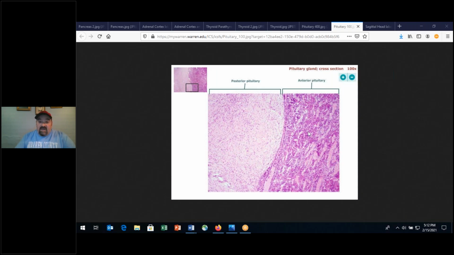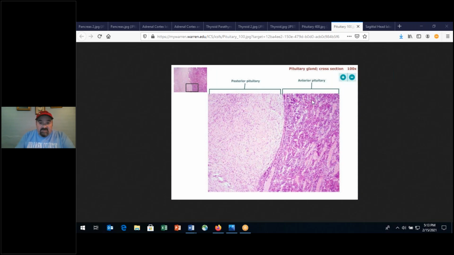Now, as we're looking at this image right here, we'll see that we have the pituitary gland. Know that the pituitary gland is right inferior and anterior to the hypothalamus, and we'll see this tonight on the sagittal head. The pituitary gland, also known as the hypophysis, right?